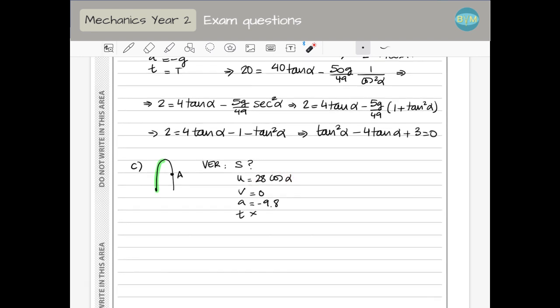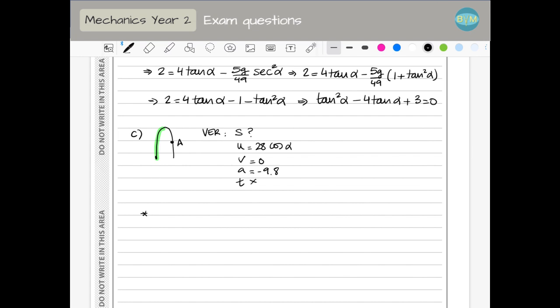To find alpha, I'm going to solve this equation. It's a quadratic. We will get two values of alpha and then we will have to decide. So let's go to solve that alpha. It's a quadratic, yeah, so it's like having x squared minus 4x plus 3.